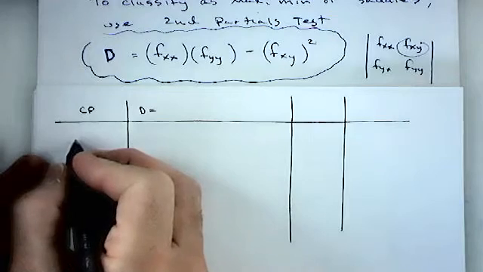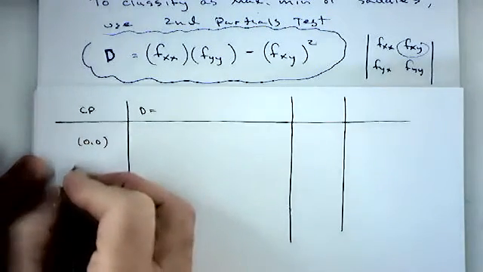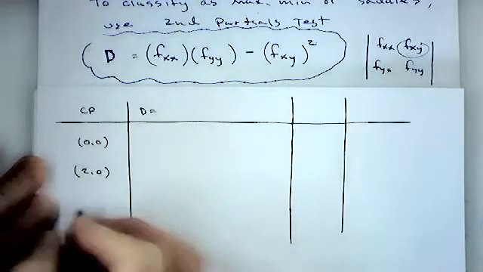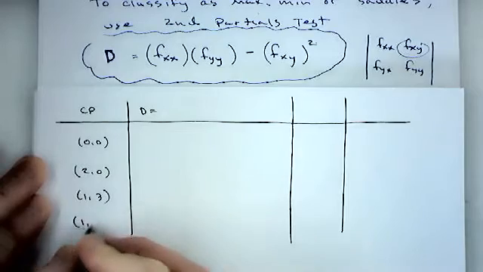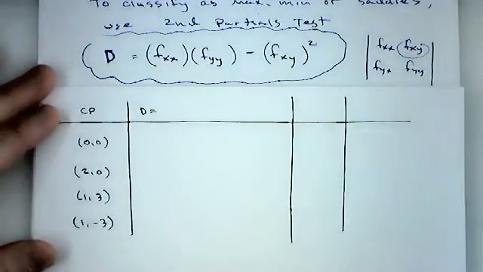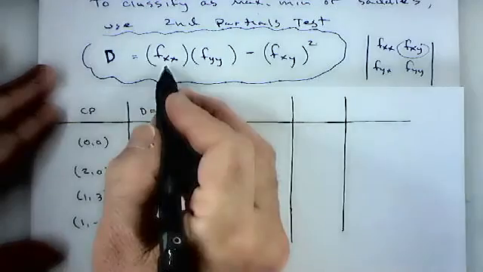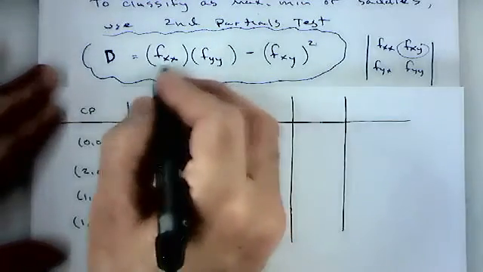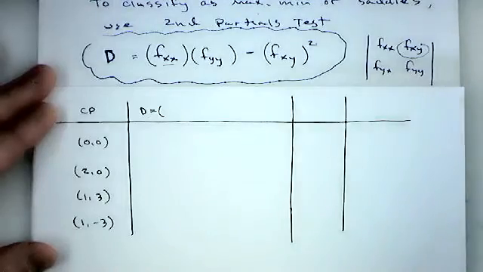So what were our critical points? There, (0, 0), (2, 0), (1, 3), (1, -3). And if it's not too terrible a function, what I like to do is put these derivatives right in here. So what is f sub xx?